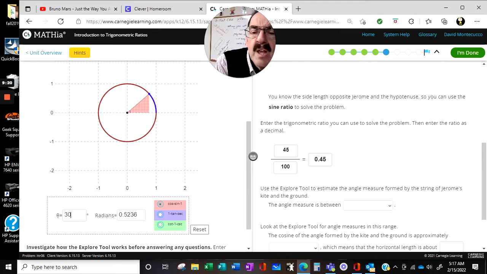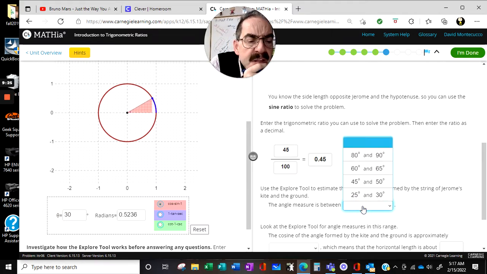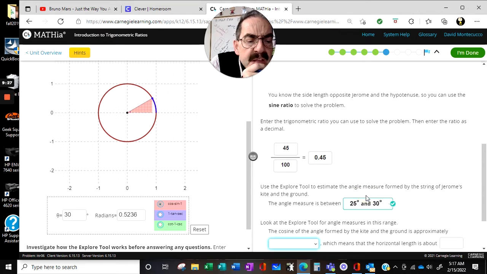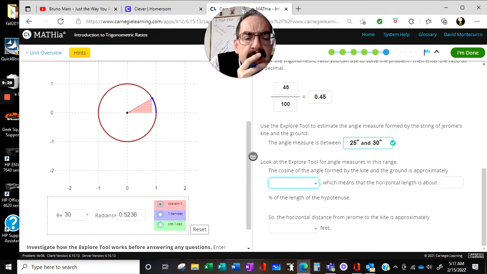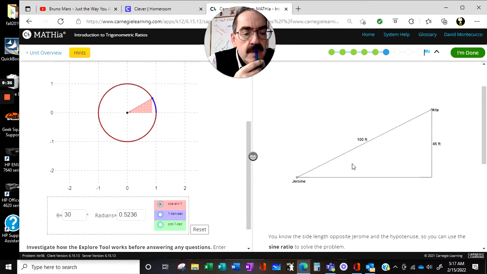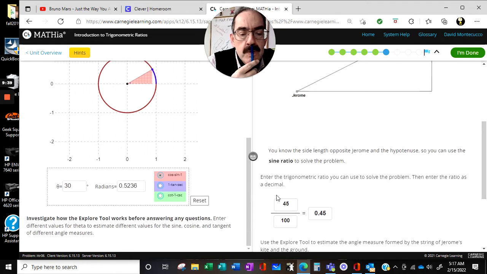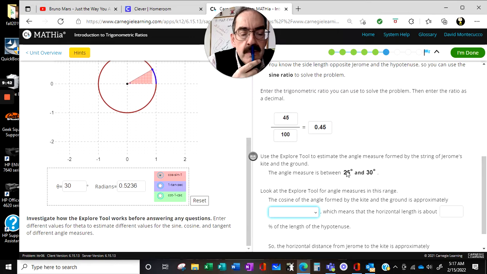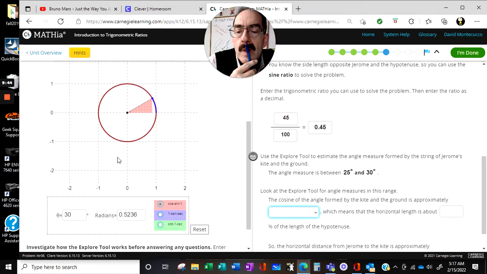So about 30 degrees. Let's use the Explorer tool. The cosine function of the angle formed by the kite, approximately 25 to 30 degrees. The cosine would be a lot, wouldn't it?